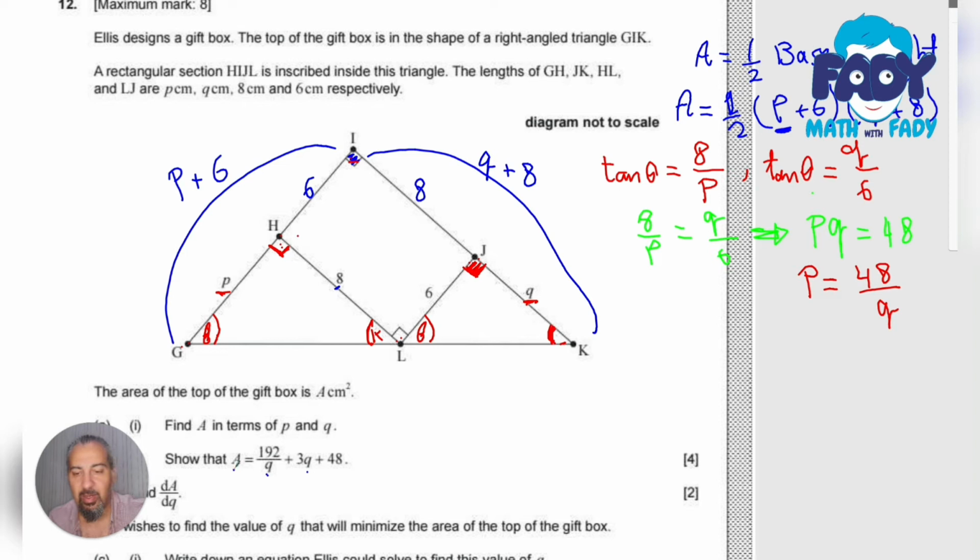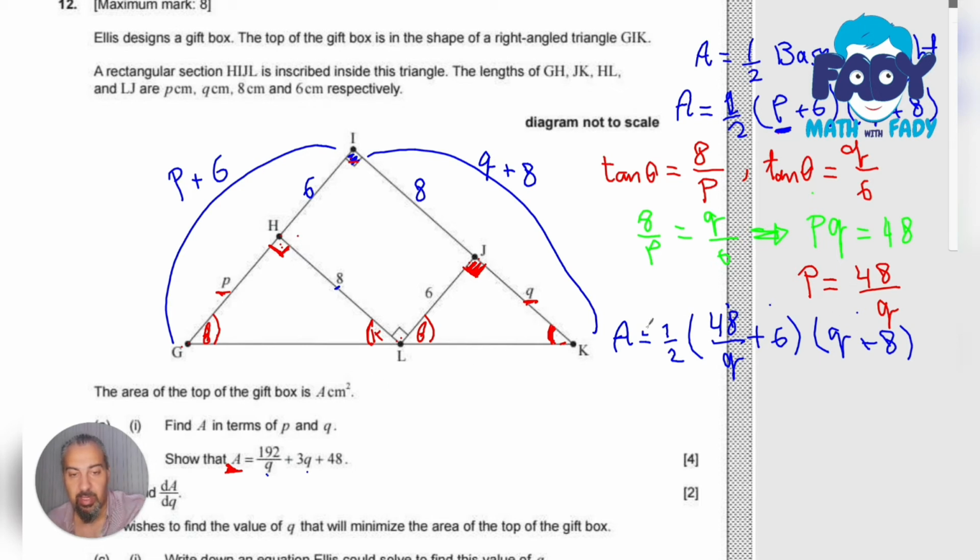Now, to get the required area, to show that area equals this expression, what we're supposed to do is substitute P equals 48 over Q in the expression that we found. Area equals half, and instead of P, it's 48 over Q plus 6, times Q plus 8.